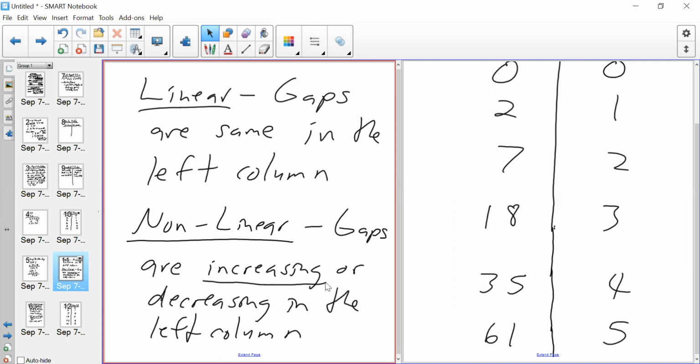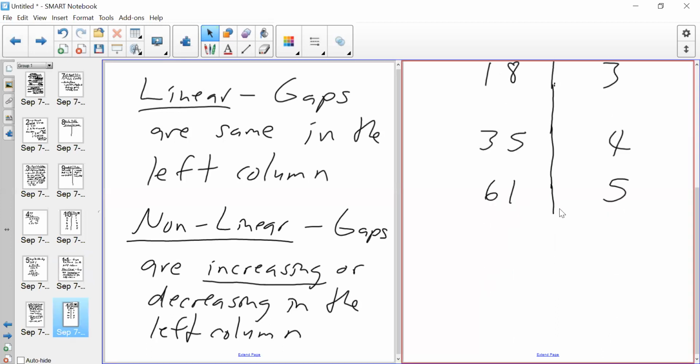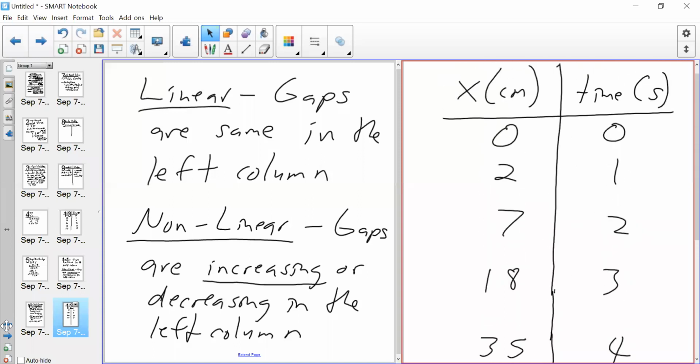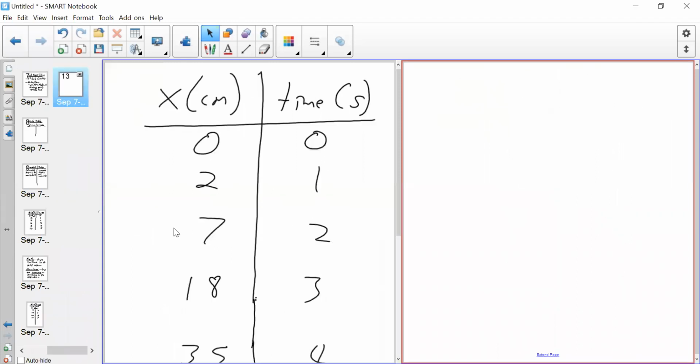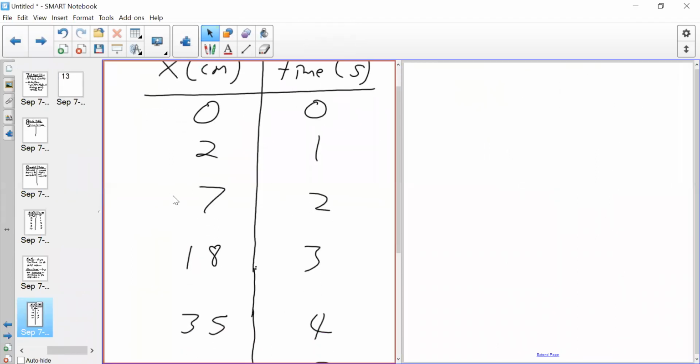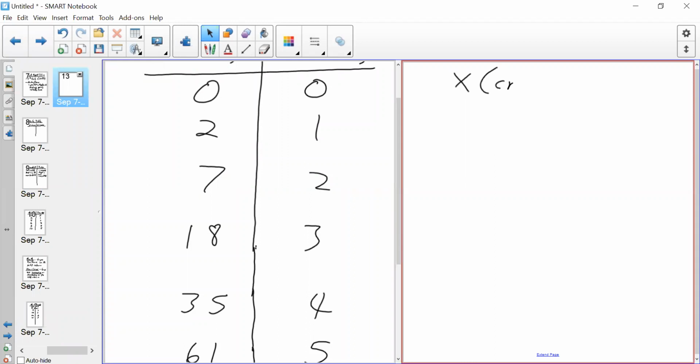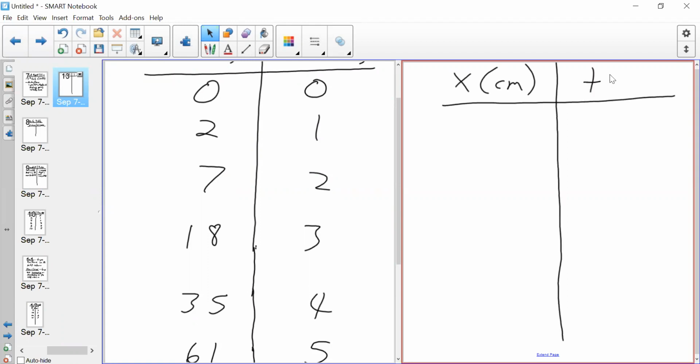And then conversely, let's say we go to 35, to 61. Oh, let me just do this over here. That'll be probably nicer. So that's accelerating. And then we have time in seconds here. So I'm going to continue from 61.